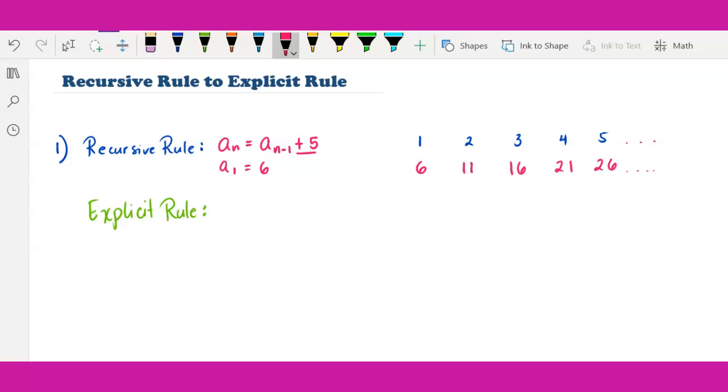Now the question is, what is an explicit rule? Well, an explicit rule is not just a simple instruction on how to go forward or backward.